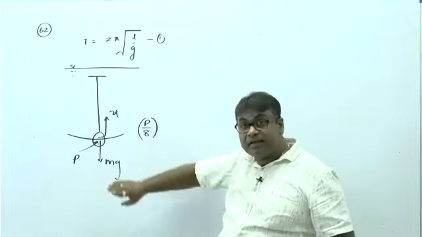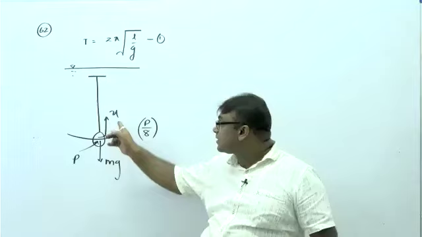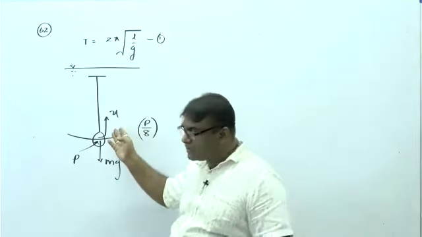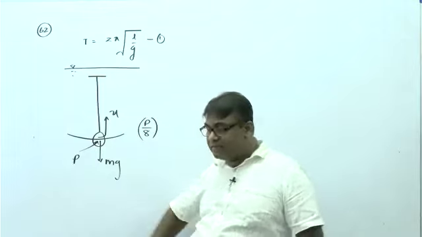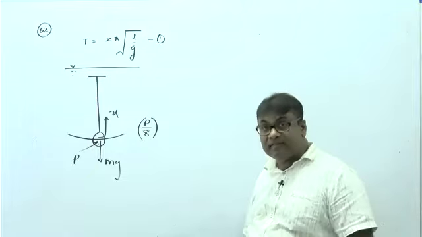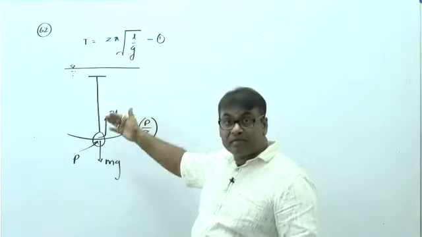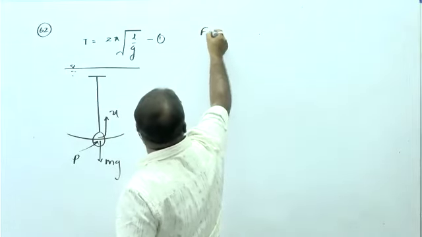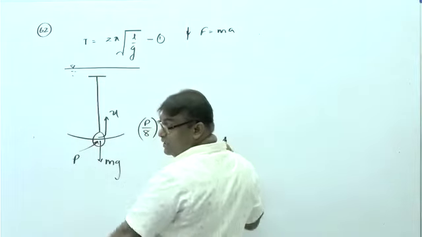But here the effective acceleration should be different because of the upthrust. Then find the free fall acceleration at this kind of position. So how can you find the free fall acceleration? Remove the string and let the mass go down. Then apply F equals ma downward after removing the string.